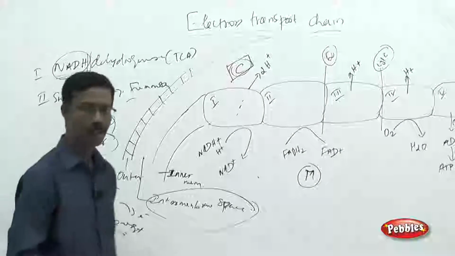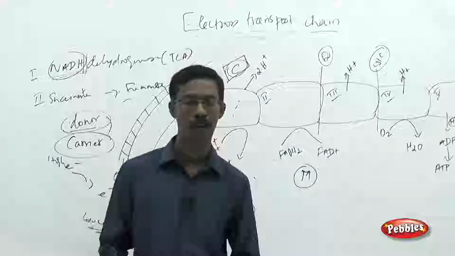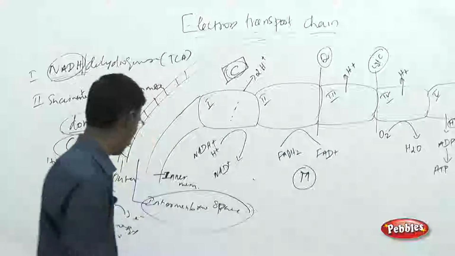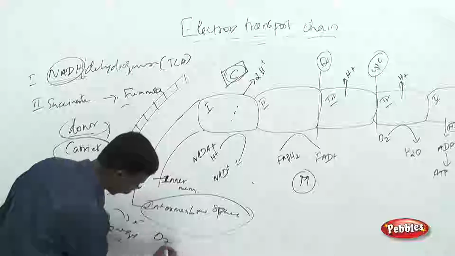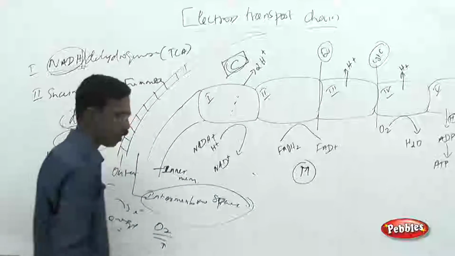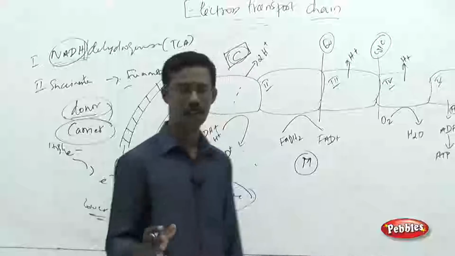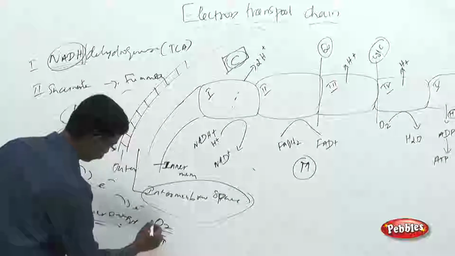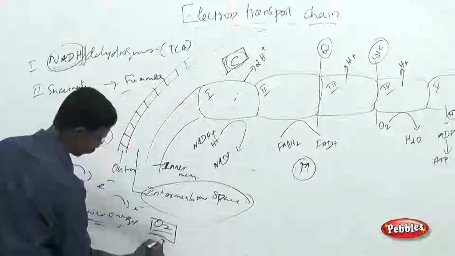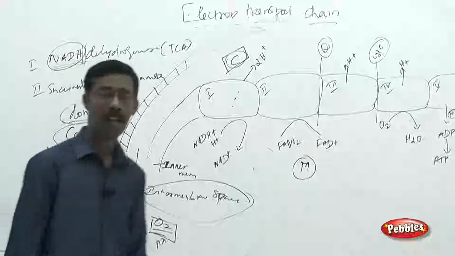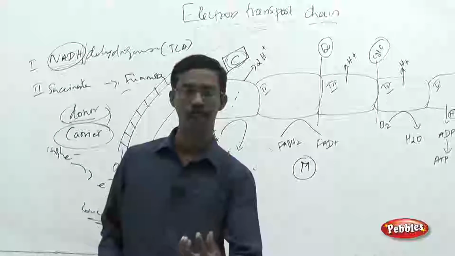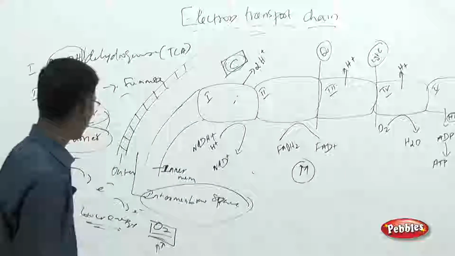As I told you, in aerobic respiration, what is the final electron acceptor? Oxygen molecule. Oxygen is an electron acceptor. Why does the cell system use oxygen as the electron acceptor? Because the electronegativity of oxygen is very high compared to other relative atoms.